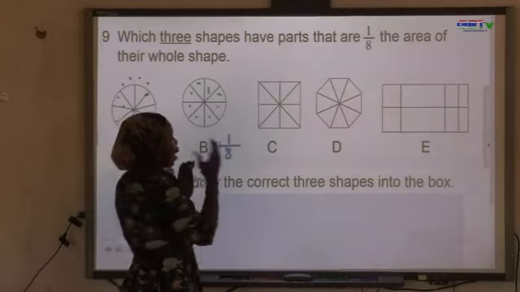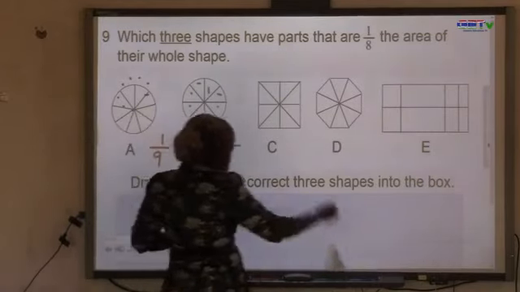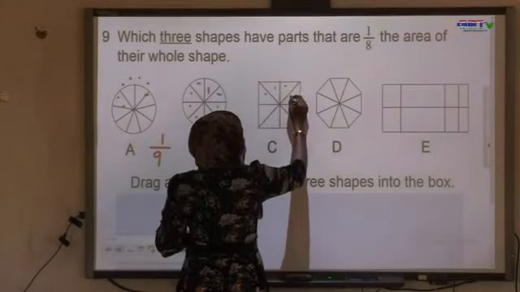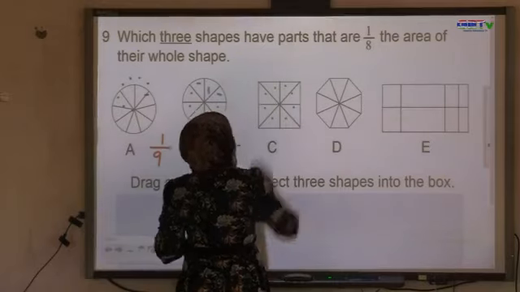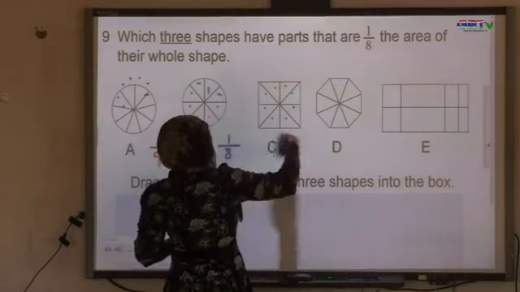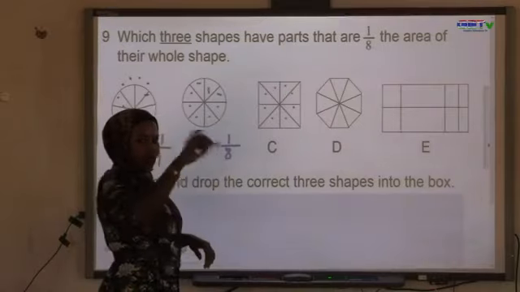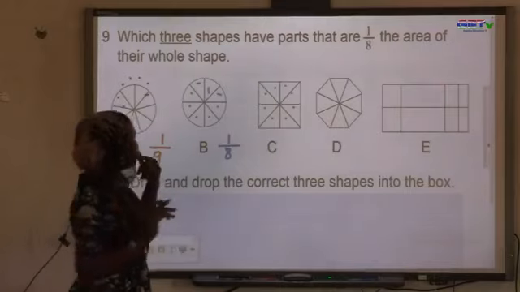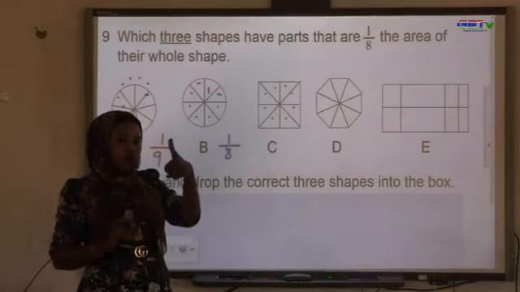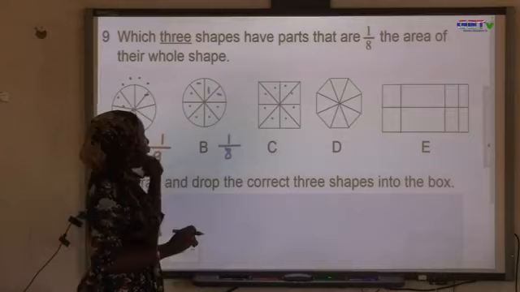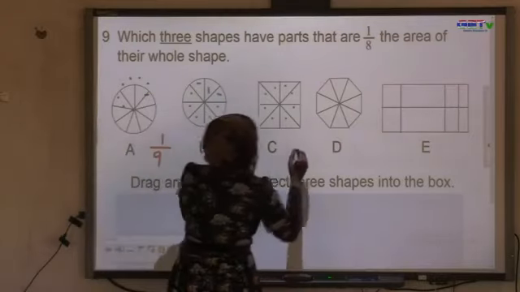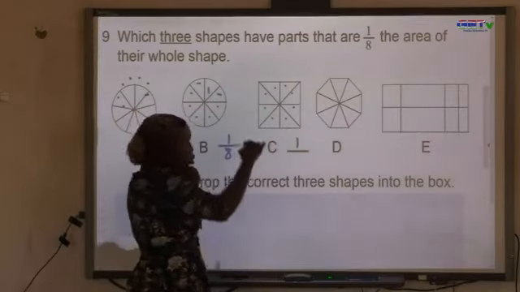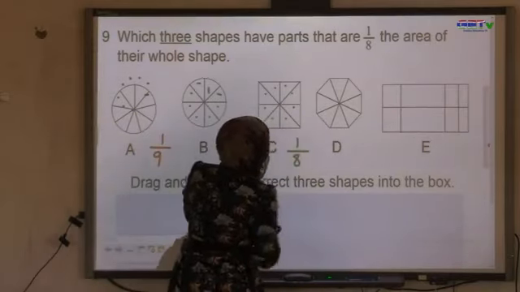Can we count together? 1, 2, 3, 4, 5, 6, 7, 8. We have 8 equal parts. That is, the whole is divided into 8 equal parts. Now one part can be written as 1 all over the total number of parts in the whole, which is 8.